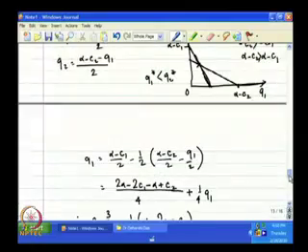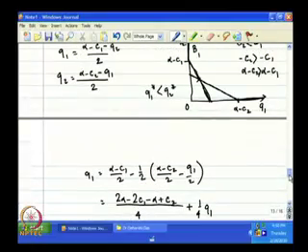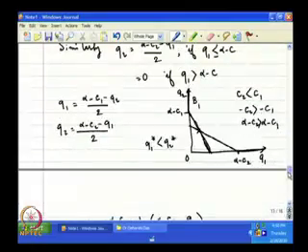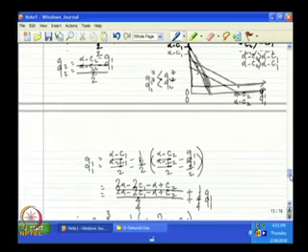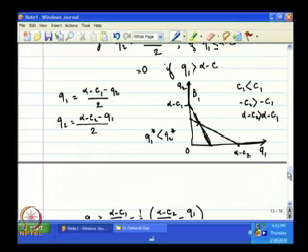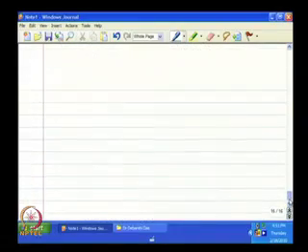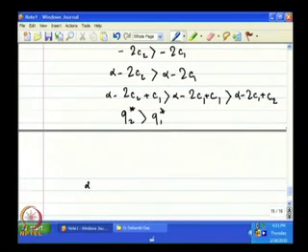This is the case where the firm's best response functions are intersecting at a particular point, but remember, this is not necessarily the case. This intersection will occur under a particular condition, and that condition is that alpha minus C 1 is greater than alpha minus C 2 divided by 2.